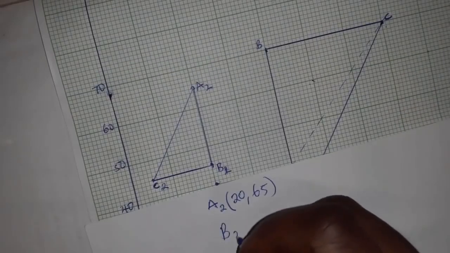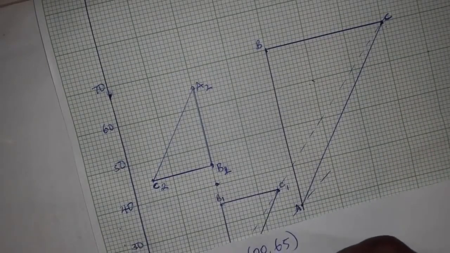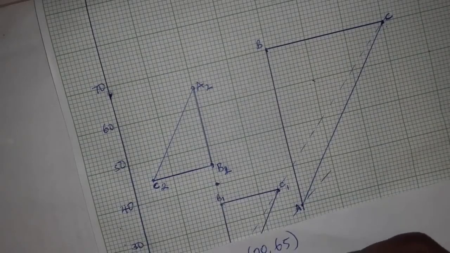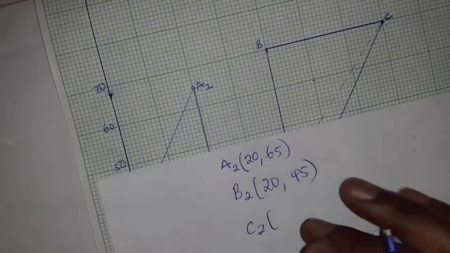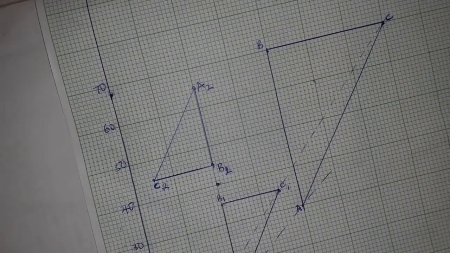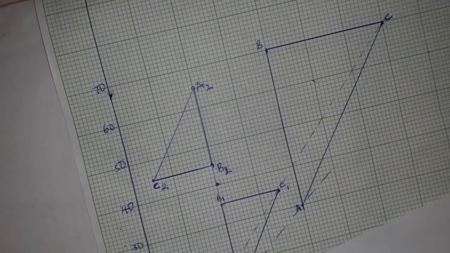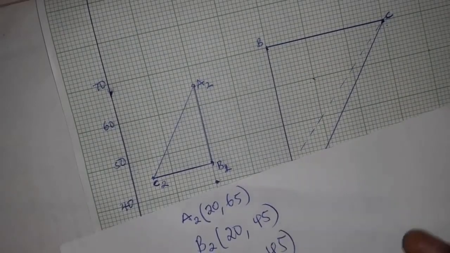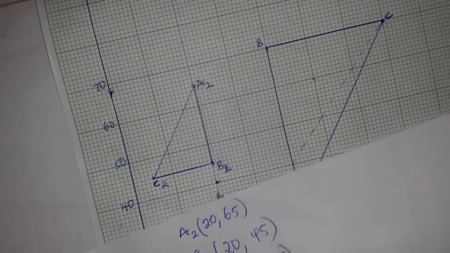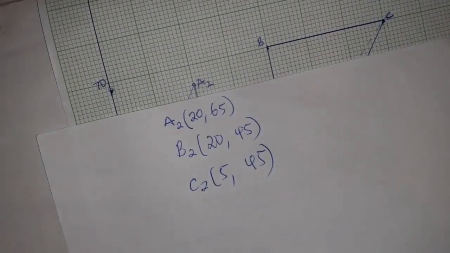What about B2? B2, it is 20, 45. What about C2? C2, it is what? 5, 45. Okay, so that is it. These are the coordinates that we're going to have.